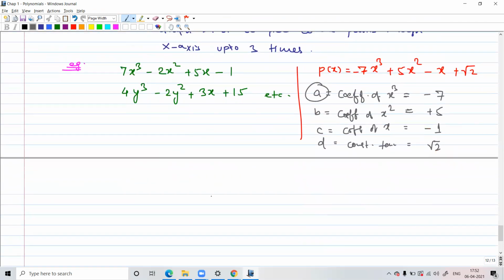For example, if I write a polynomial like this, let's say p(x) is equal to x cubed minus 3. Is it a cubic polynomial or not? Can you figure that out? It is cubic because it has a power 3. So this is going to be a cubic polynomial only. There should be no doubt about that. Okay. But what are the coefficients here?